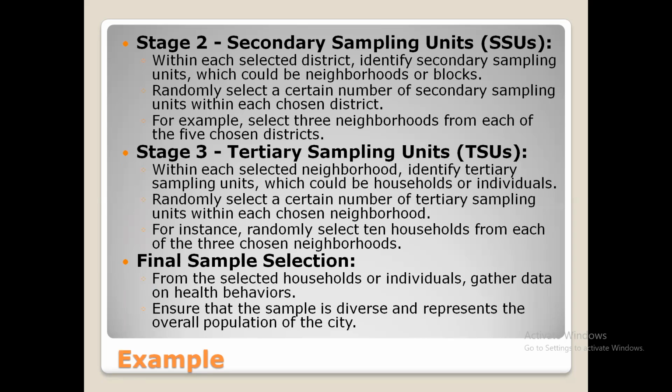So that is the method of multi-stage. Another example is, let's say you want to study the utilization of vaccines among under 5 children in Nigeria. You cannot get the list of people in Nigeria. So first of all, you do a random selection, that is randomization, maybe simple random.